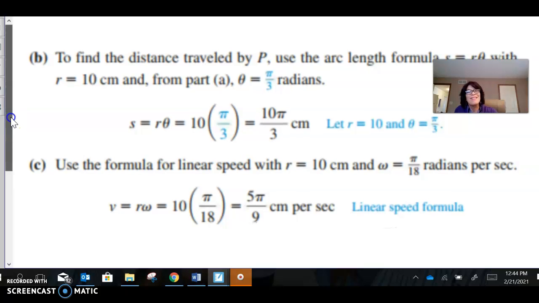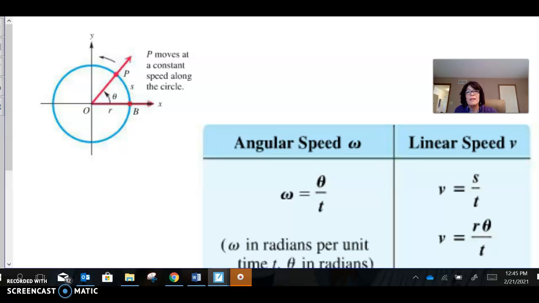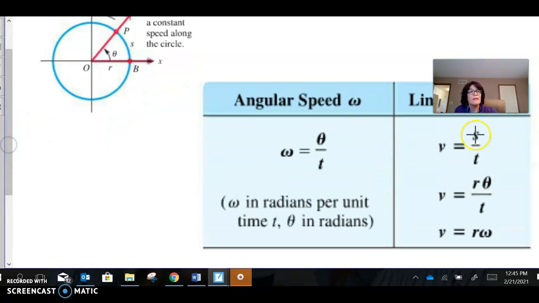10.5 sounds about right. The linear speed, we had several formulas for linear speed, right? They decided to use r omega, since we have the angular speed from the beginning. Let me show you again. When I say linear speed, look in your notes, we had these three. We either take the arc length divided by time.